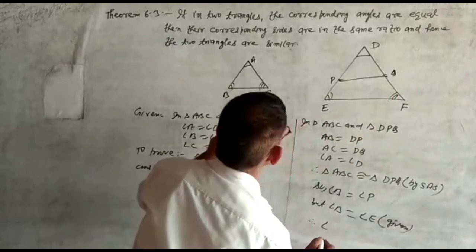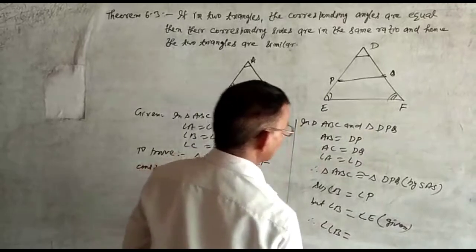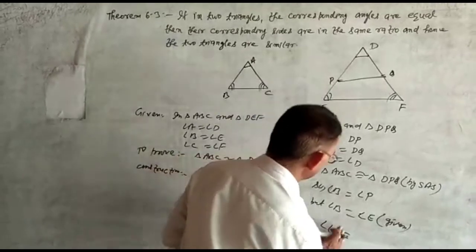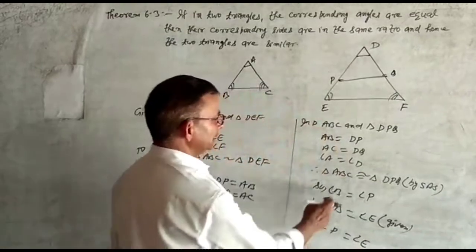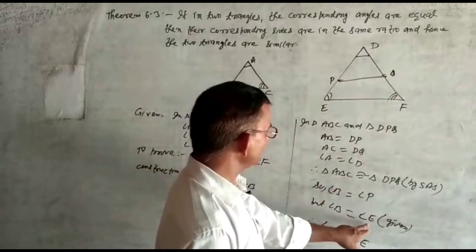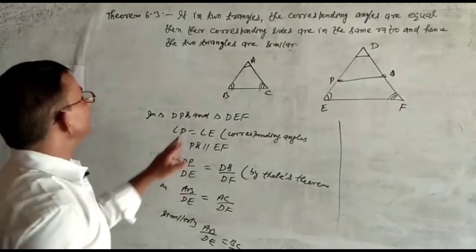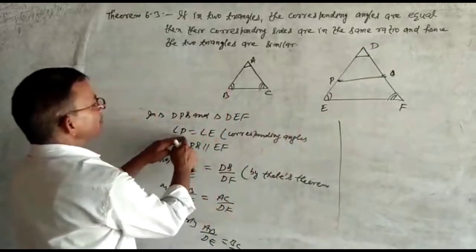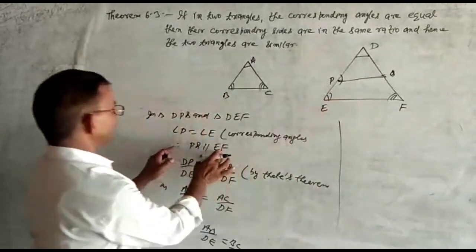Hence, angle P is equal to angle E. In triangle DPQ and larger triangle DEF, angle P is equal to angle E, and these are corresponding angles.